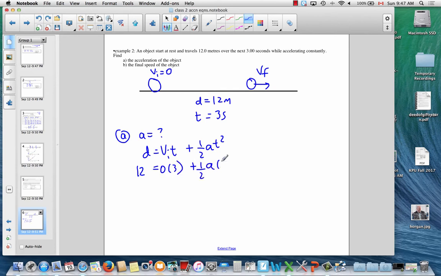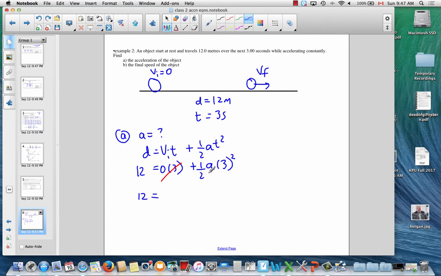Now, you'll notice that I'm not substituting in the units because the units will work as long as you use consistent units of meters and seconds. Then you don't need to plug them in and do the algebra. But if you do the algebra, it will work out. 0 times 3 is just 0. So on this side we have 12.